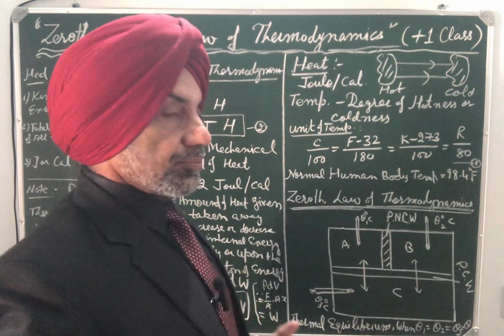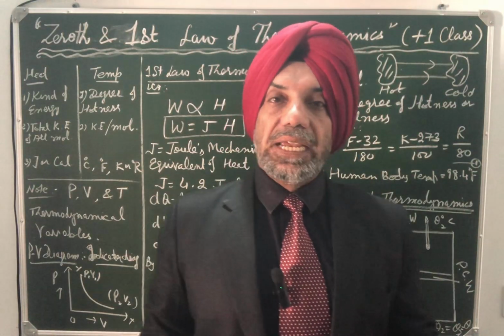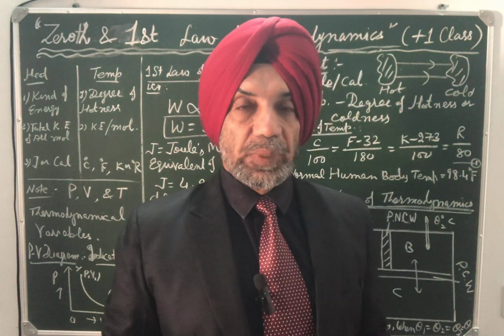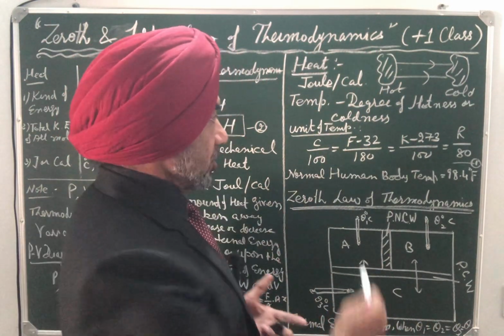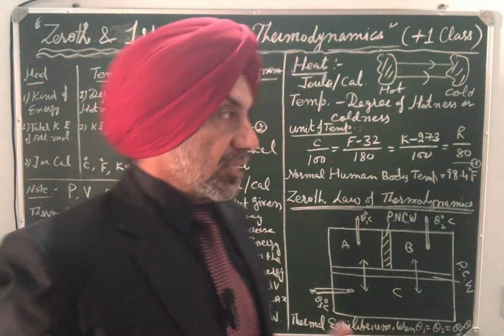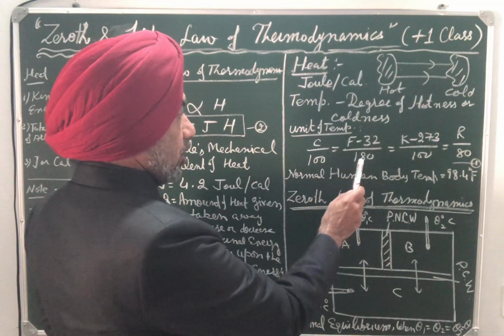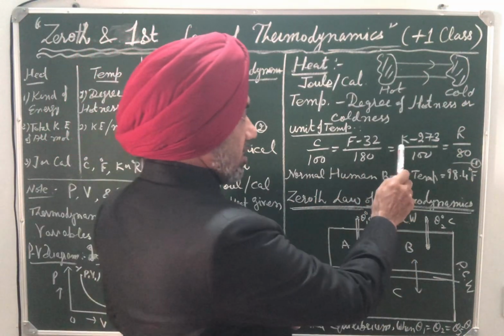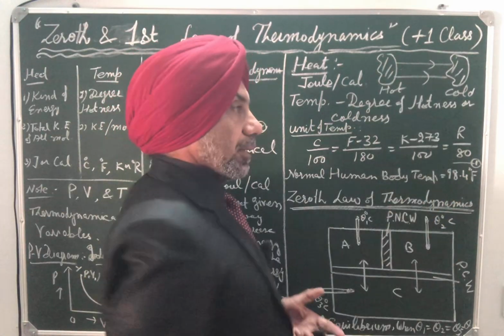Units of temperature: there are 4 different scales to measure the temperature of any body, and the relation between these scales is given by C/100 = (F - 32)/180 = (K - 273)/100 = R/80.